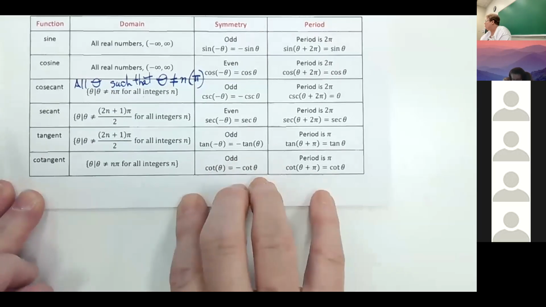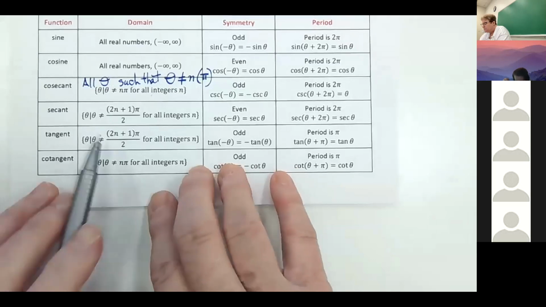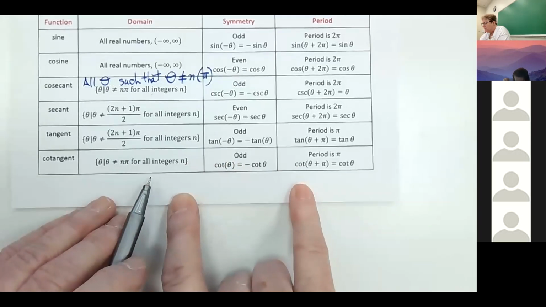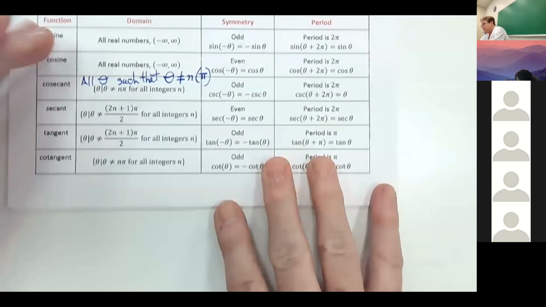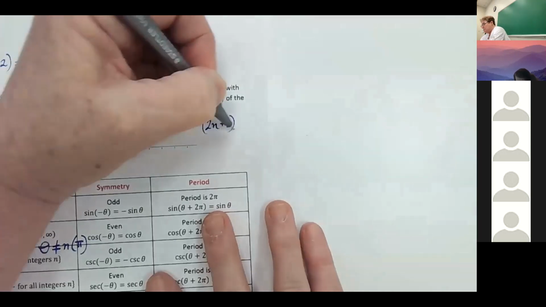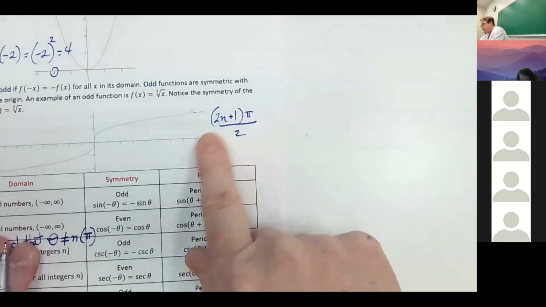Could you, for that equation, just write n plus 1 times pi? Is that the same thing as 2n plus 1 times pi over 2? Okay. So we've got 2n plus 1 times pi over 2. I can multiply the pi over 2 through.